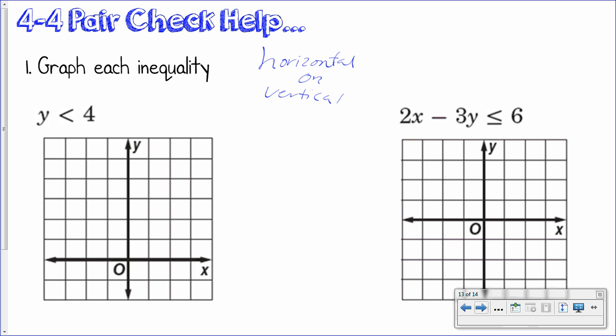Now, since it says y, that means all my y's have to be the same, right? So is that horizontal or vertical? It's going to be horizontal. Good. 1, 2, 3, 4. Solid or dash line? Dash line going across. Do I shade below or above? Below. Good.